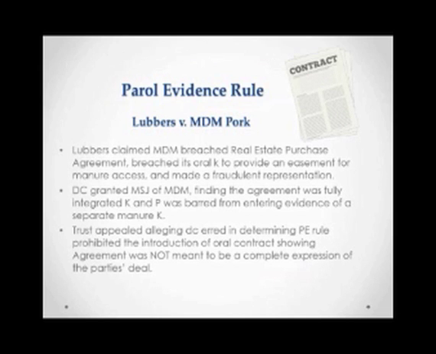They claim that MDM breached the agreement and the oral contract and made a fraudulent misrepresentation to the extent of, look, we're going to give you the manure, and then they didn't make sure that that was going to go forward. So the district court granted the motion for summary judgment that was filed by MDM, finding that this was a fully integrated contract.